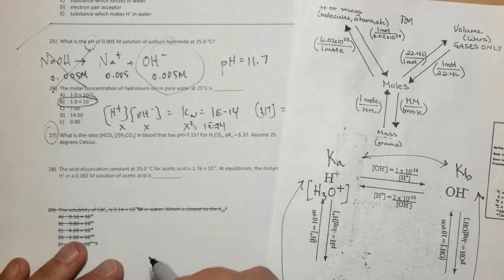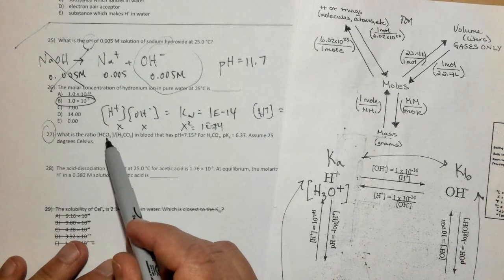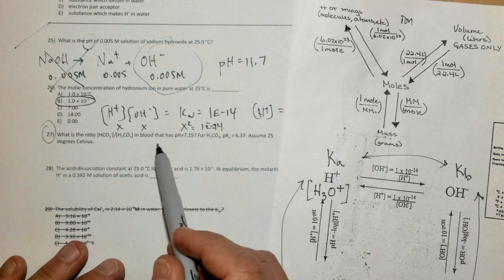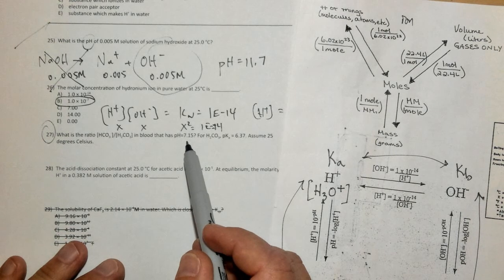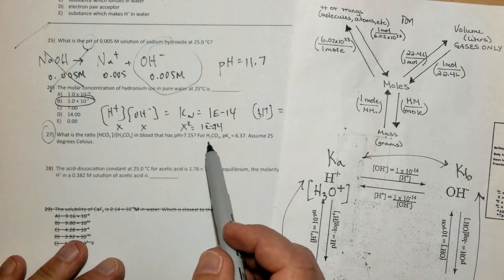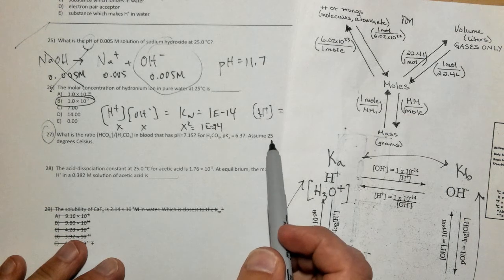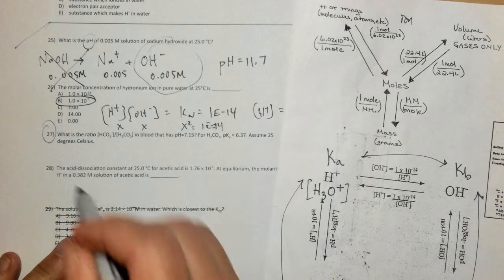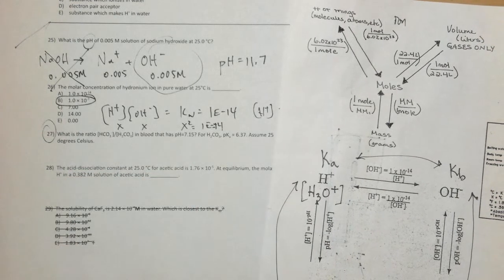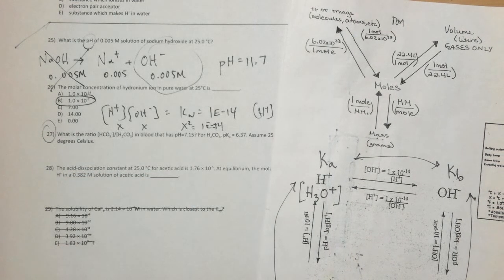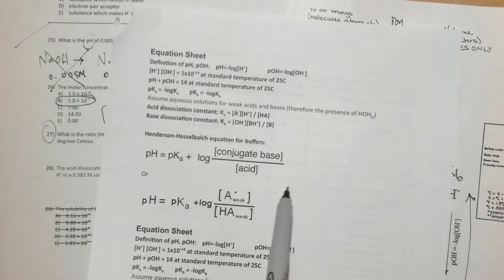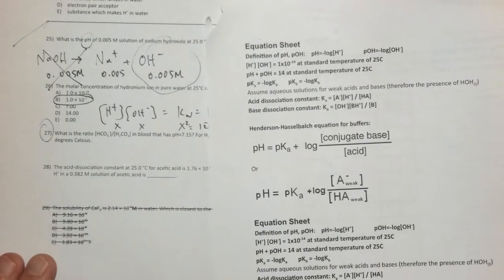Number 27, what is the ratio of base to acid in blood that has a pH of 7.15? For H2CO3, the pKa is 6.37, assume 25 degrees Celsius. So in your equation sheet for acids and bases, it will have the Henderson-Hasselbalch equation right here for buffer solutions.